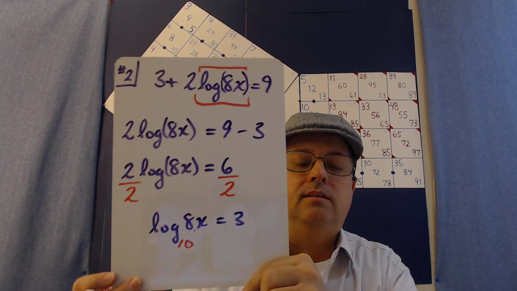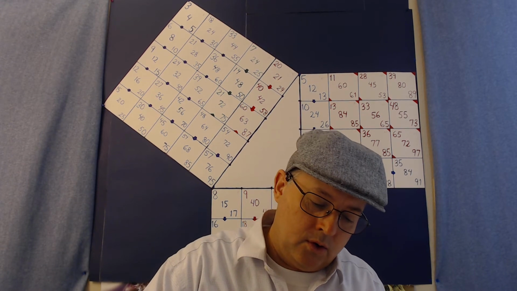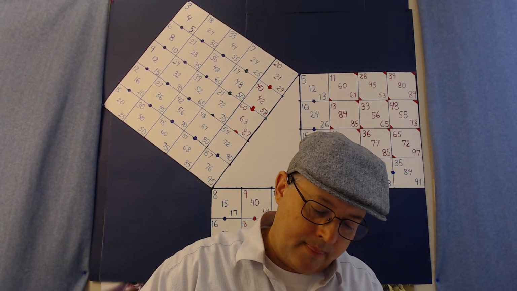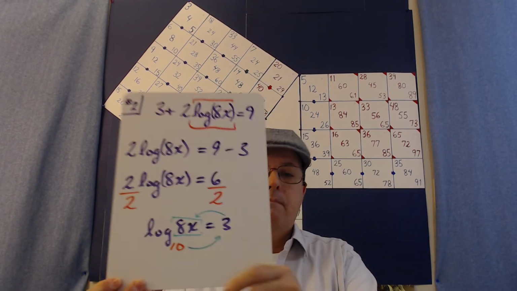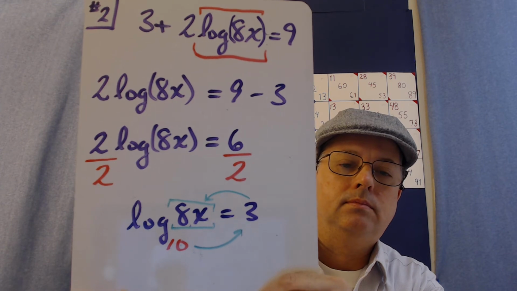of 8x equals 3. And now we're going to perform our round trip, right? That's what we like to do, is perform the round trip. And so we're going to say 10 to the third is 8x. Our round trip there.